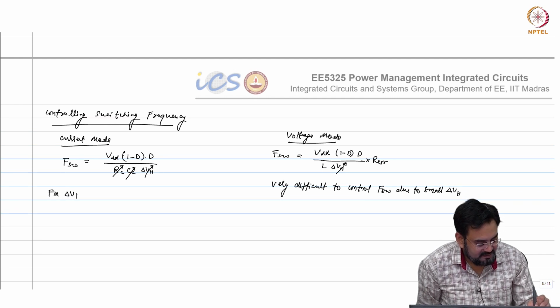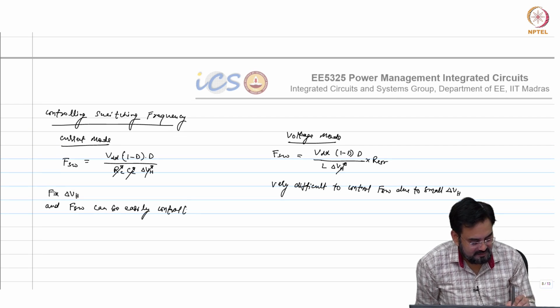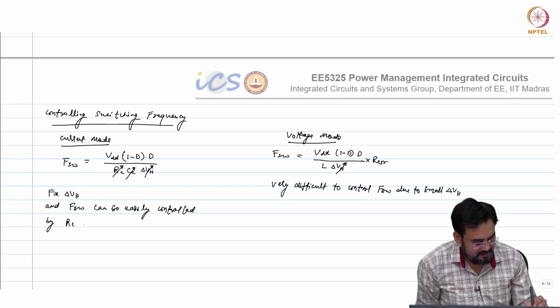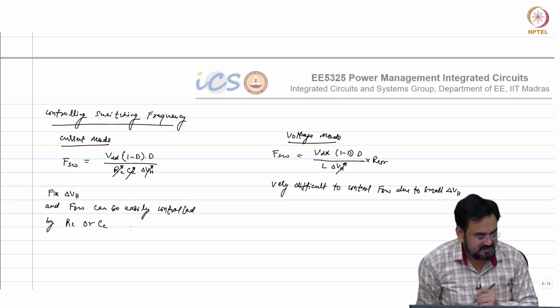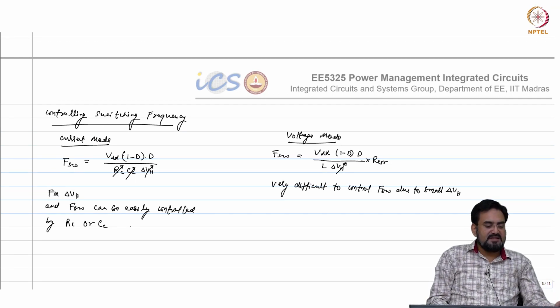Fix delta VH and FSW can be easily controlled by RC or CC. Usually we fix CC and change the RC, because varying the cap with switches is not a good idea, since it introduces RESR.